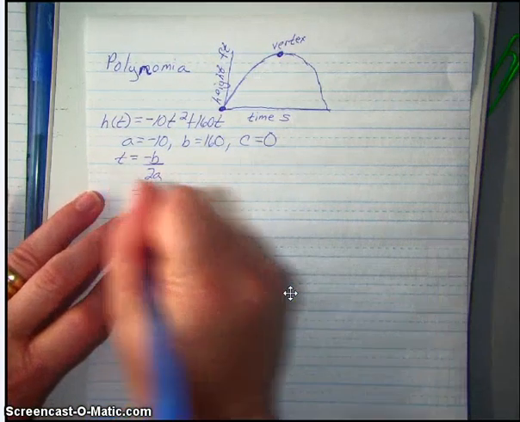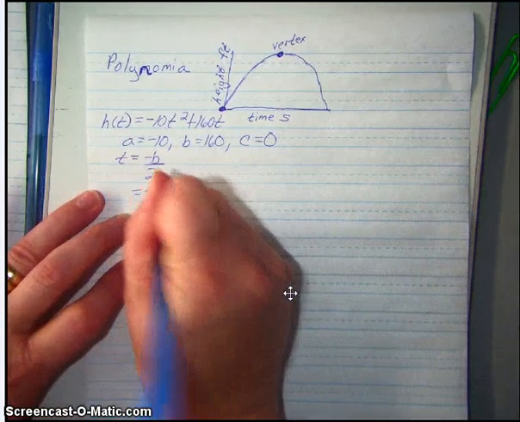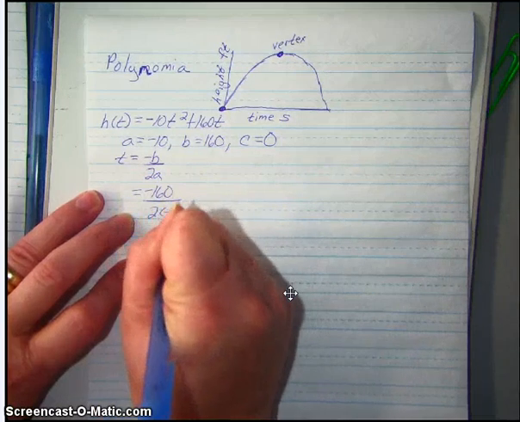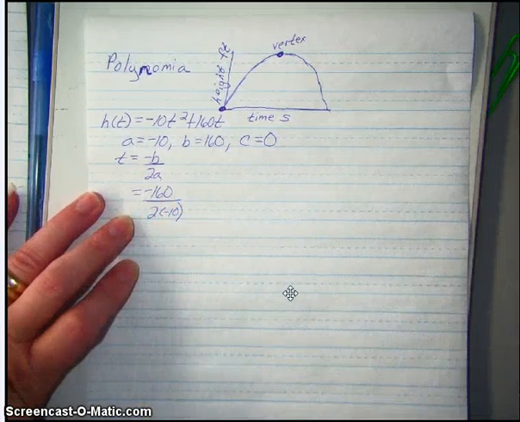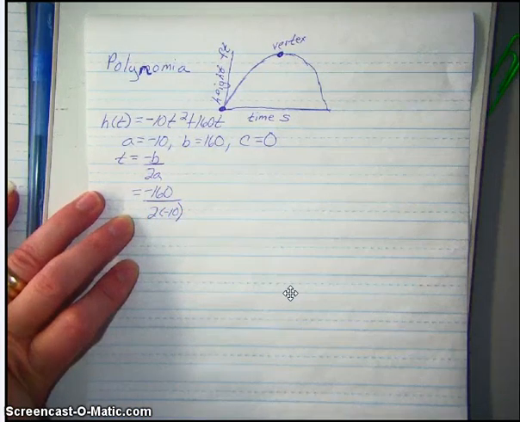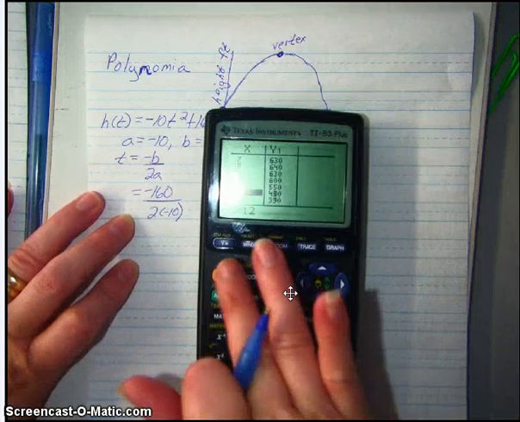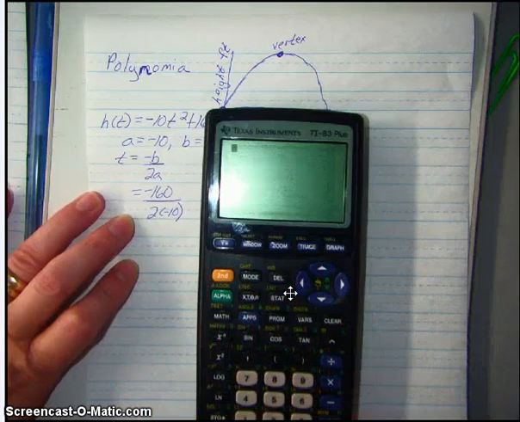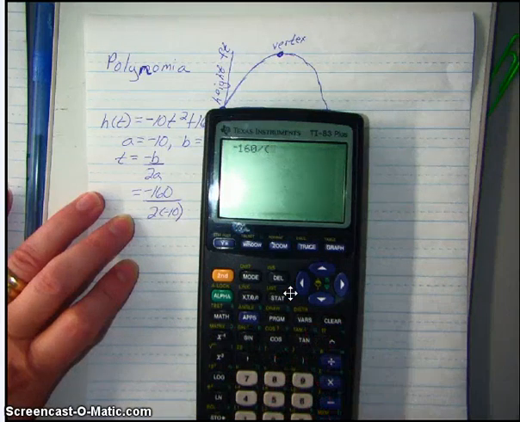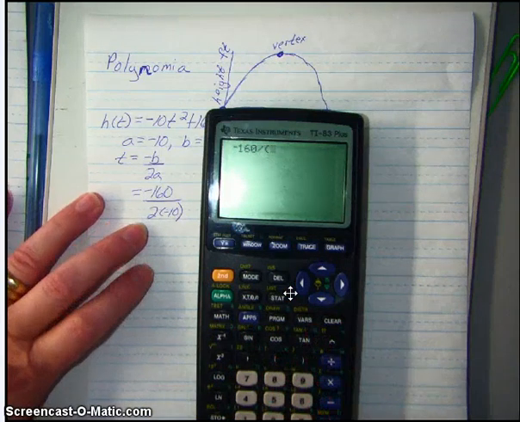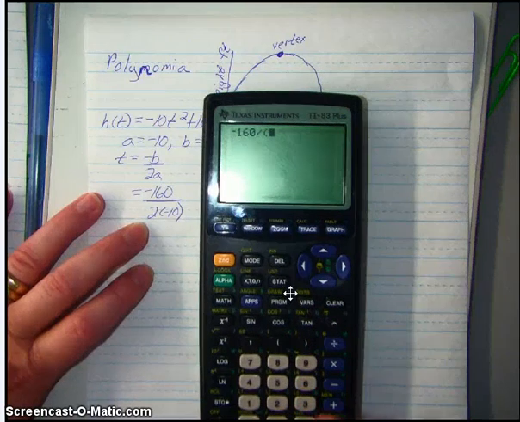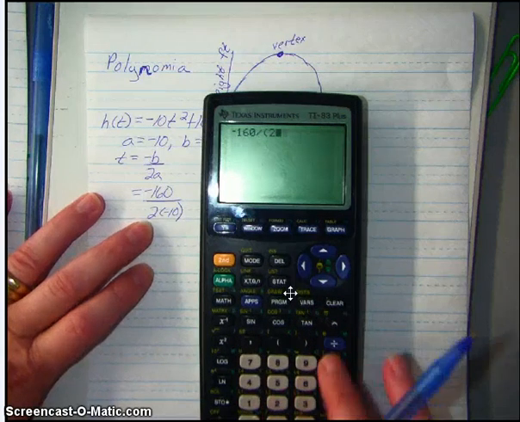So I'm going to plug in -160 over 2 times -10. And then I'm just going to do some calculations here. So I have -160 divided by, now the denominator has to be in parentheses if you're going to do this all in one shot, okay? 2 times -10.